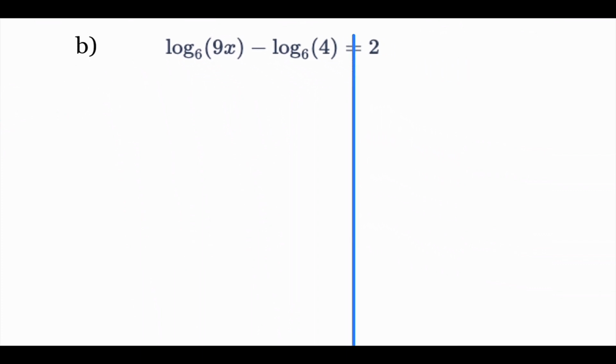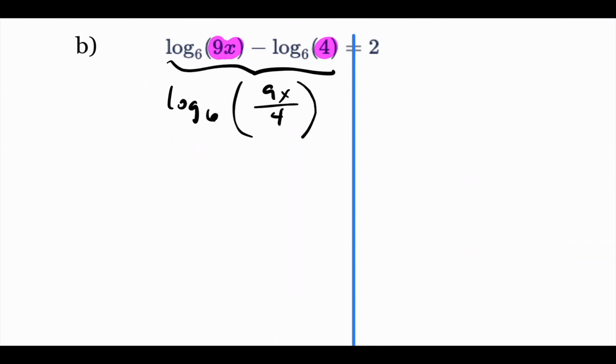Okay, so how do I combine these two guys? Division, right? It's subtraction, so I'm going to use division. 9x goes on top, 4 goes on the bottom.